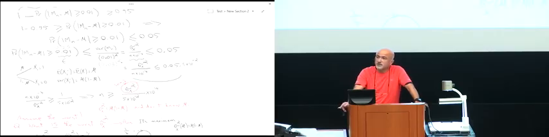I reduced the accuracy by a factor of 3. How is that going to reduce the number of people I have to poll? Factor of 9. That's exactly what's going to happen.